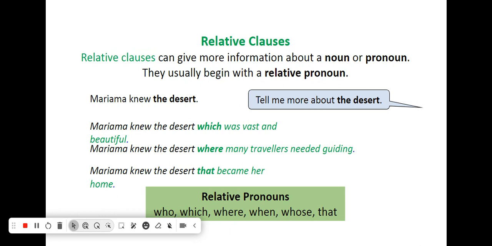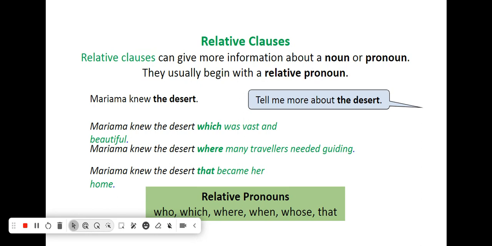So that can replace any of the other relative pronouns, and that's what I said earlier. But notice the first one, which was vast and beautiful. Here we're describing the desert. We're not talking about the desert as a place. So instead we replace it by which, because we are describing the desert.